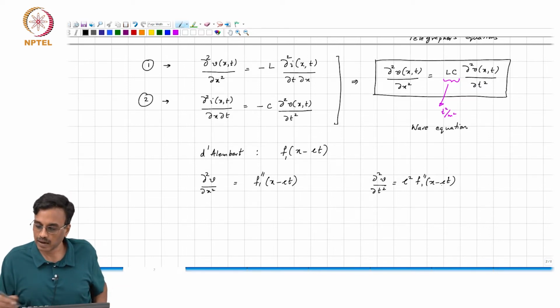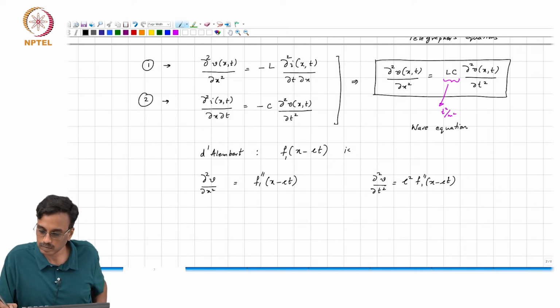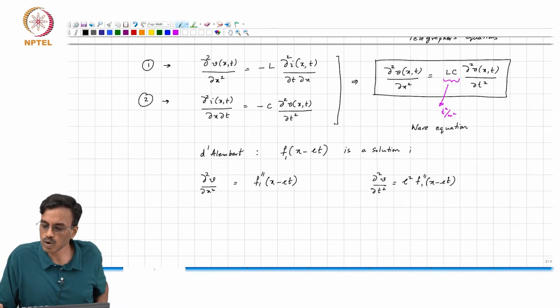And so, if you want to make these two equal, what do we do?